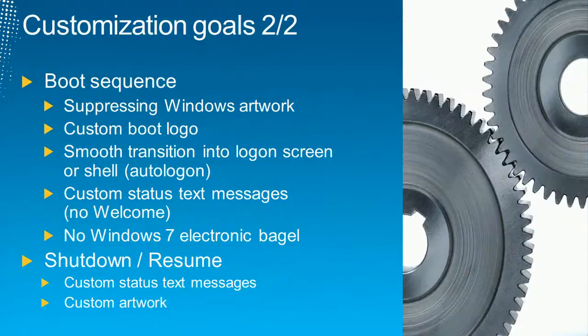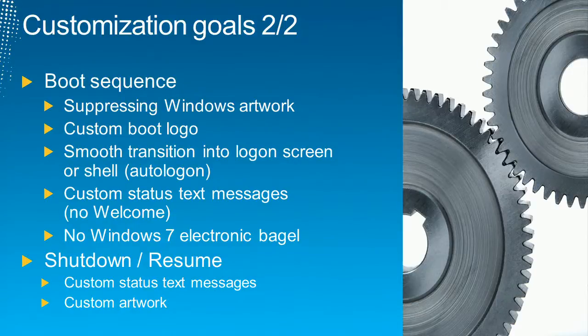The boot sequence has more options. You're able to suppress the complete boot UI experience. You can have a custom boot logo, which is quite a hack, to be honest. And of course, during the boot phase, you want a smooth transition into a login screen or shell if you have auto logon, for example.